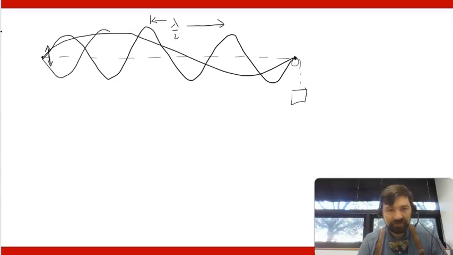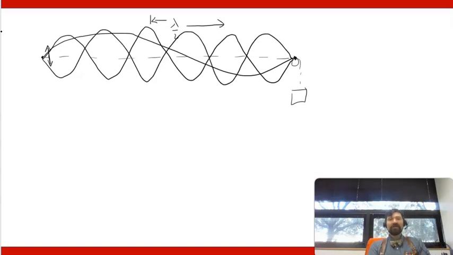Comes down here, comes up here, comes down here, comes up here. And so I have some areas at which it's either very high, very low, or somewhere in between, other areas where it doesn't move. And so this distance between two consecutive peaks on the original, but between 1 to 3 peaks on the standing wave, that's your lambda.